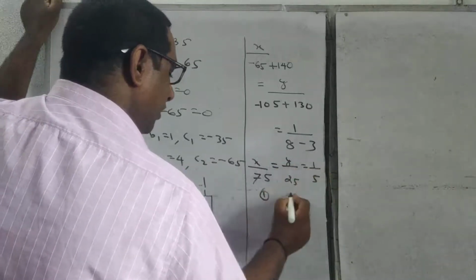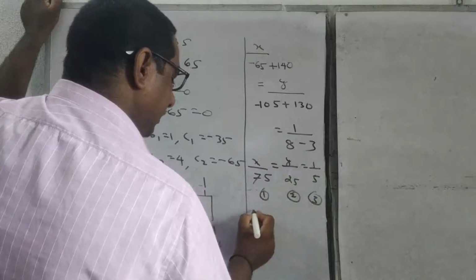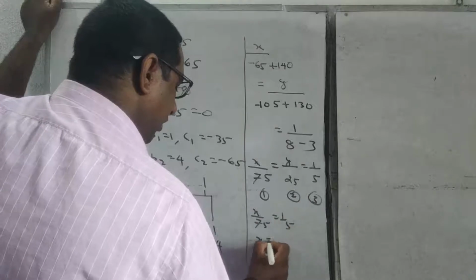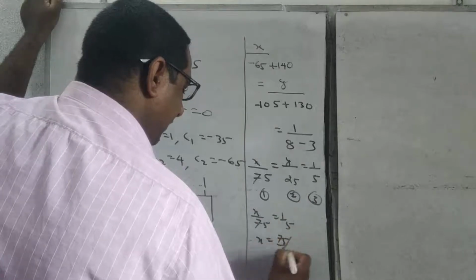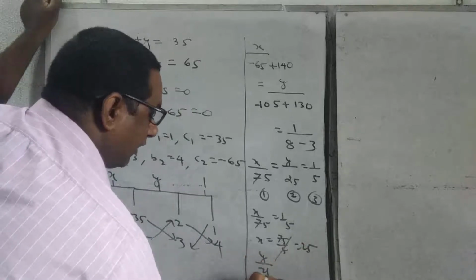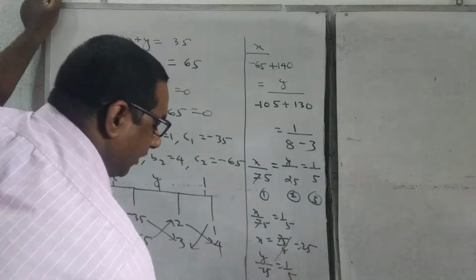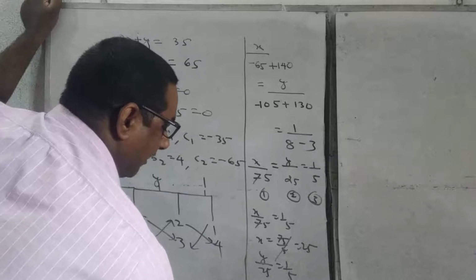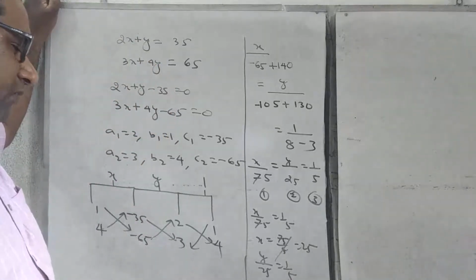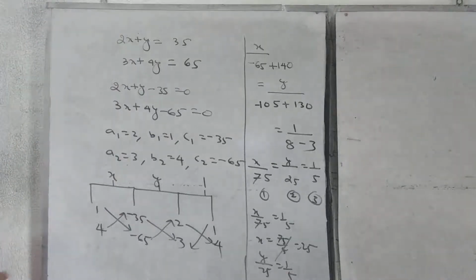So x upon 75 is equal to 1 by 5, or x is equal to 75 by 5 is equal to 25. Similarly, y upon 25 is equal to 1 by 5, or y is equal to 25 by 5 is equal to 5. So the value of x is 25 and y is 5.